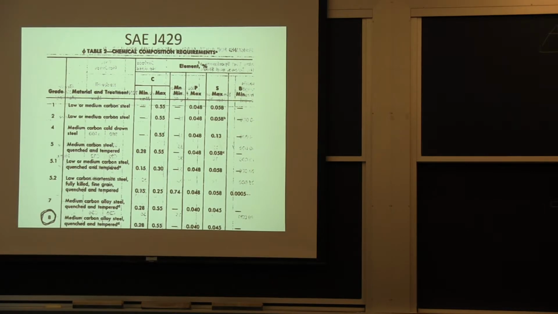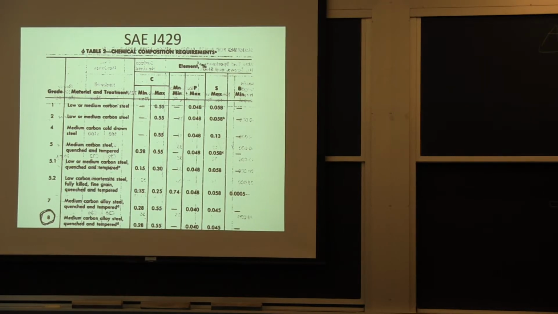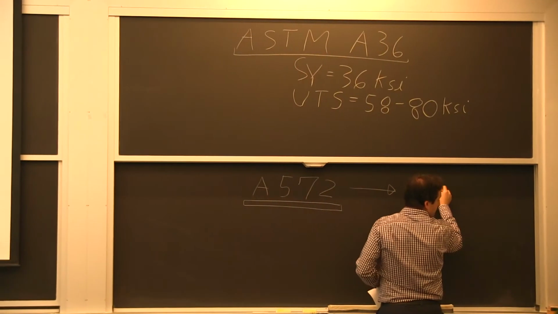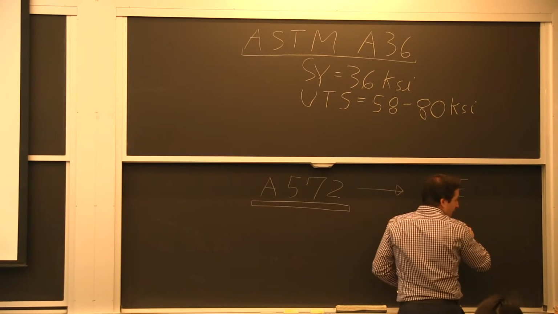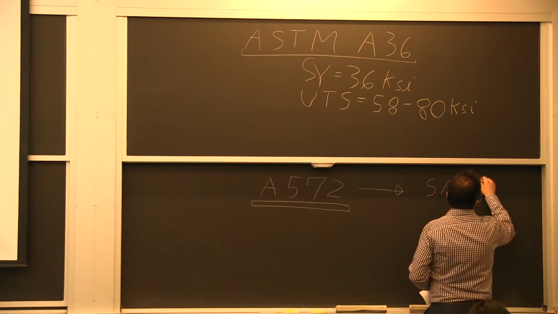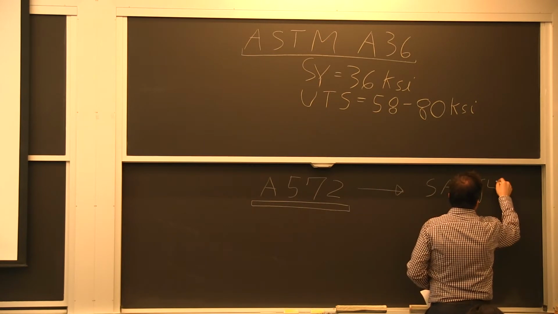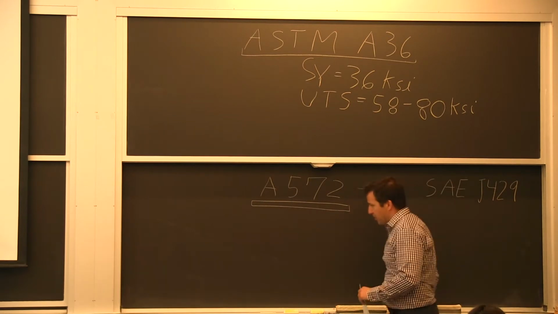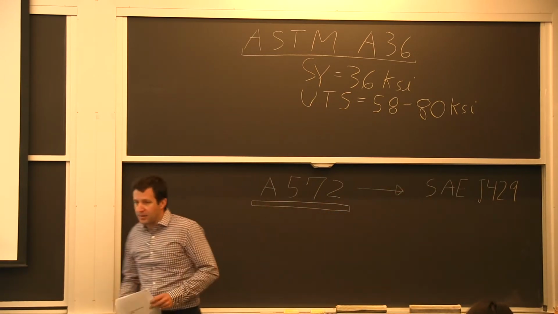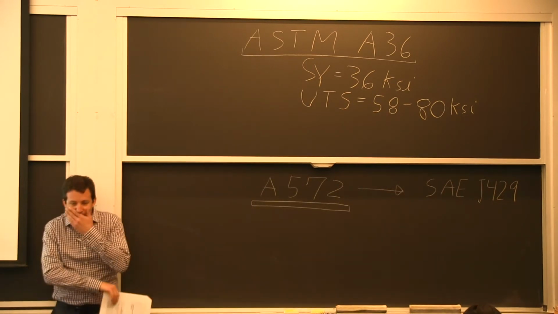These are SAE bolts. I would consider that one step up. If you ever heard of grade 5, I think if you go to McMaster, you can buy grade 5 bolts, grade 8 bolts. A lot of them come from that SAE spec.